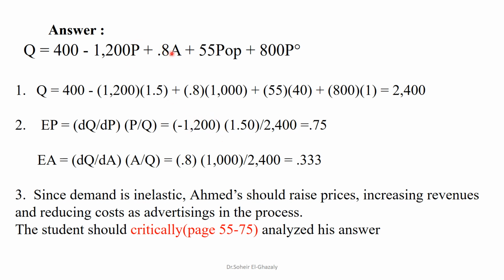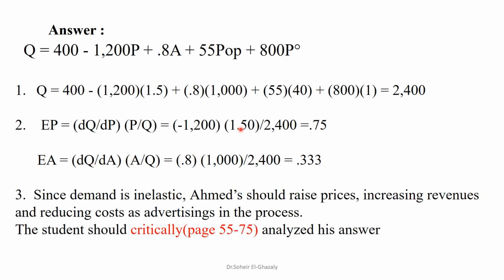Do you have P here? No. Do we have P here? No. This is not P, this is P power O. We don't care about this. So this first part equals this part times P over Q. How much is P? Remember, how much is he selling his shawarma sandwich for?